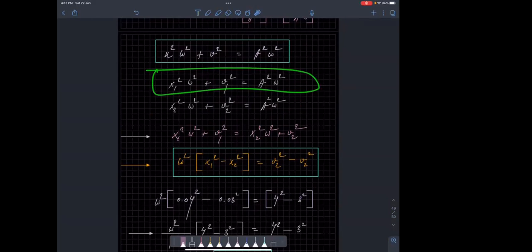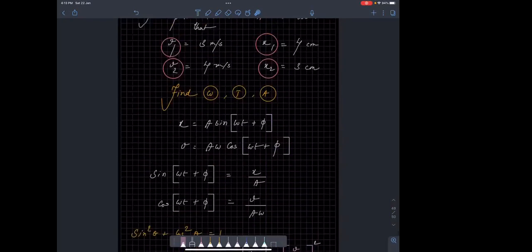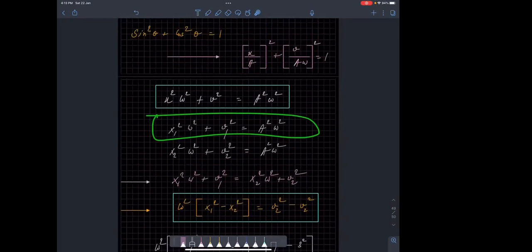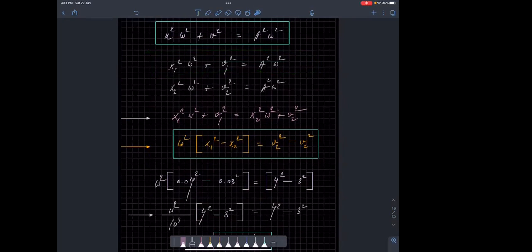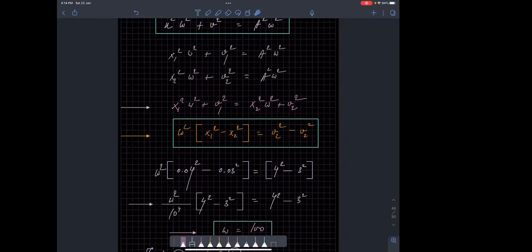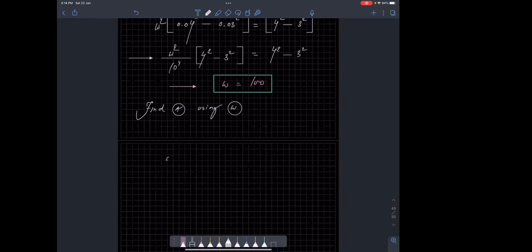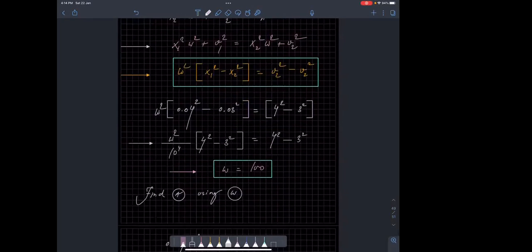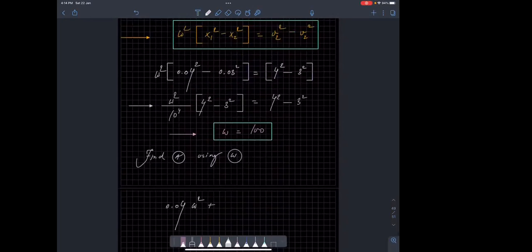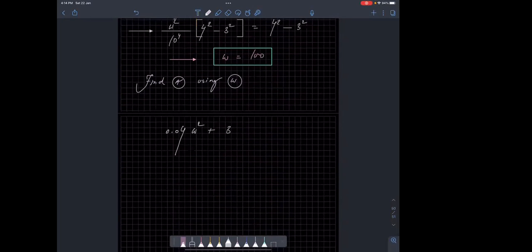So what is x1? X1 is 4 centimeter, right? Clear? Yes. So x1 omega square, so 0.04 into omega square plus v1 square. V1 square is how much? 3 meters per second.